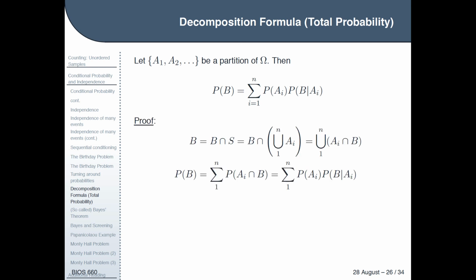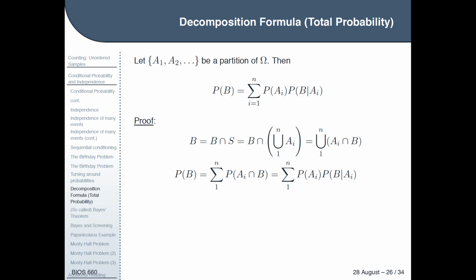So the formal proof looks like this. If we let S be the union of all the A_i, then, I guess, come to think of it, I think that's probably a typo.